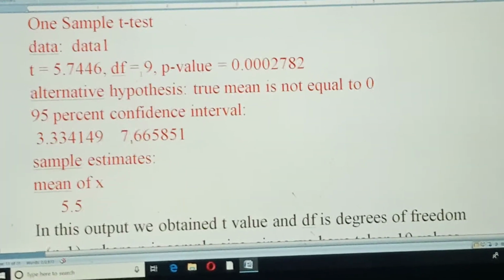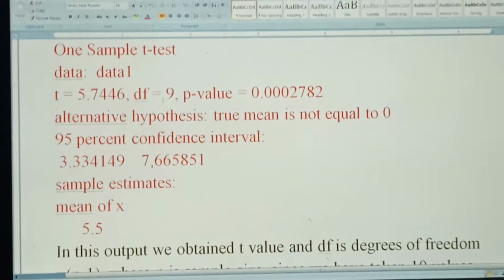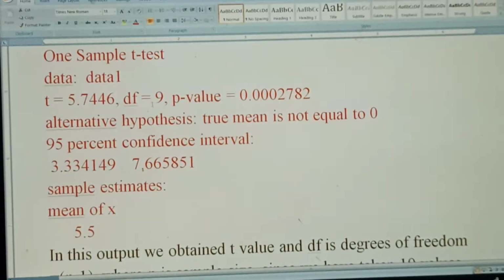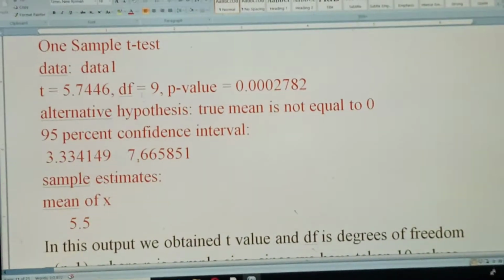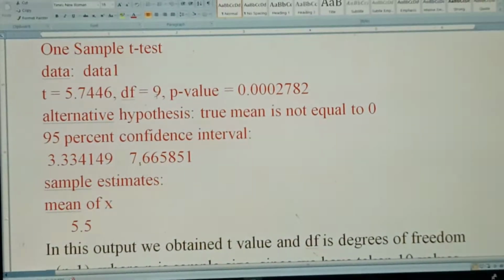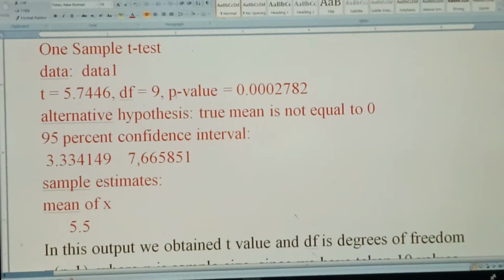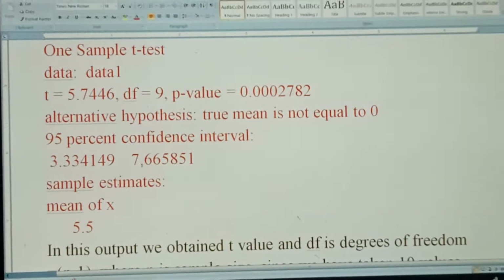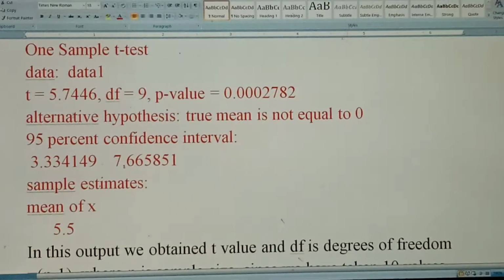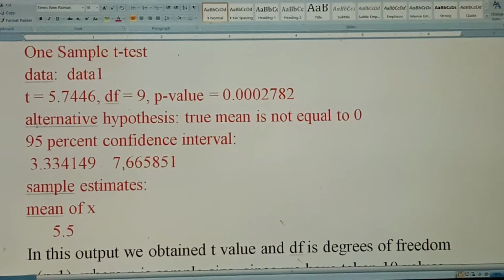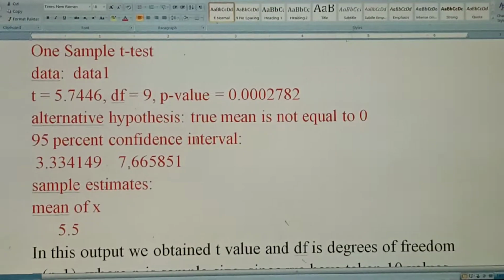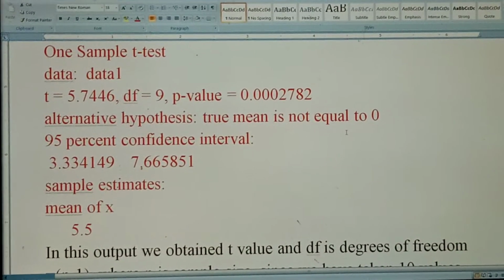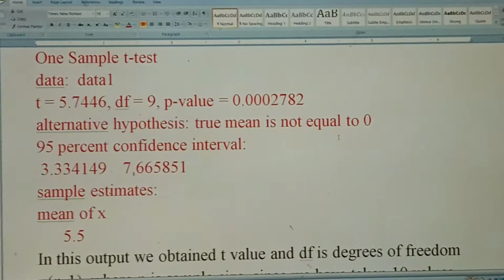The degrees of freedom are given by the formula n minus 1, where n is the size of the sample, and as we have taken the sample size n equal to 10, the degrees of freedom is 10 minus 1, which equals 9. R also calculates the p value, which is determined as 0.00 something, and it gives the alternative hypothesis that the true mean is not equal to 0, because we have not yet given any other alternative.